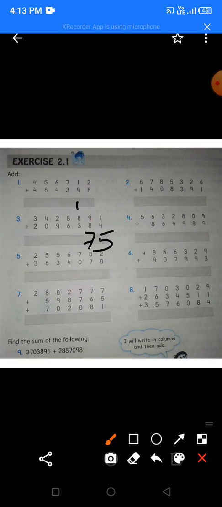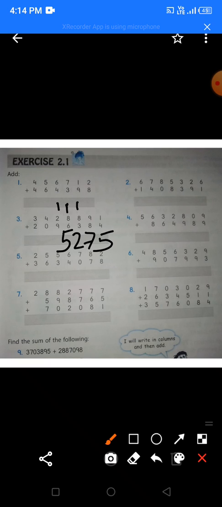Then 1 plus 8 is 9. 9 plus 3 is 12. Okay, so again we have carried 1. Then 1 plus 8 is 9. 9 plus 6 is 15. So again we will write here 5 and we will carry 1.